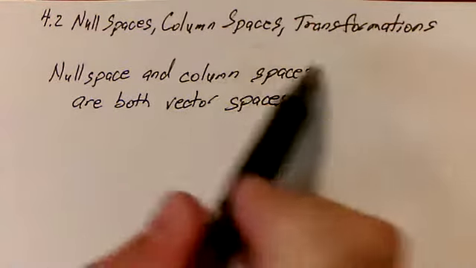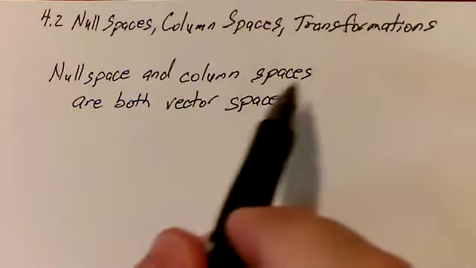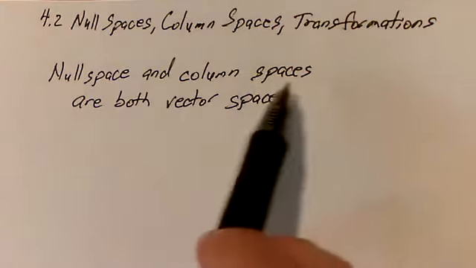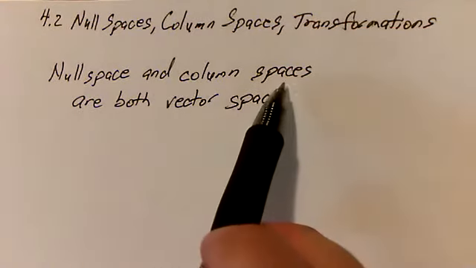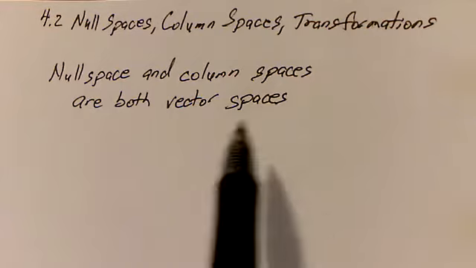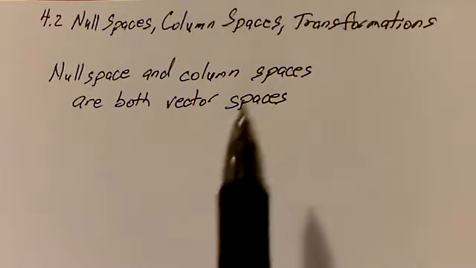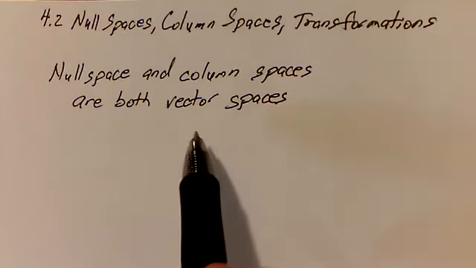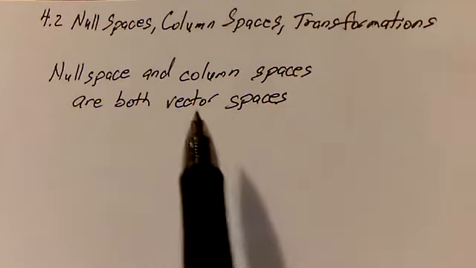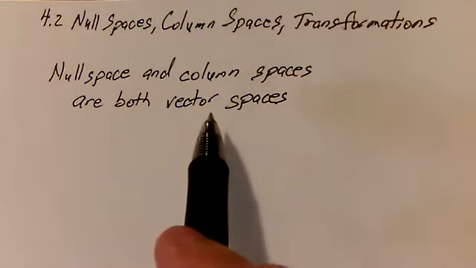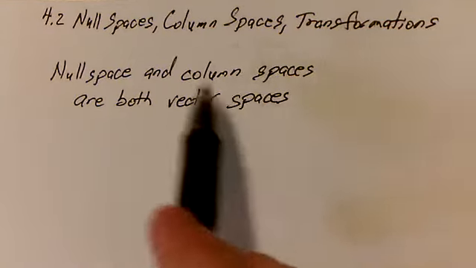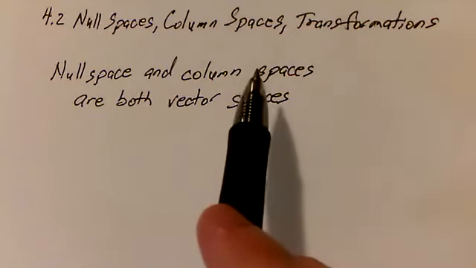Well, if I'm in the column space, then I am the linear combinations of all of the columns of a matrix A. Remember, a spanning set generates the linear combinations, which gives us those 3 criteria for being a subspace: closed under vector addition, closed under scalar multiplication, and also that the 0 vector is in there. So the 0 vector is in the column space because we always have the trivial solution.